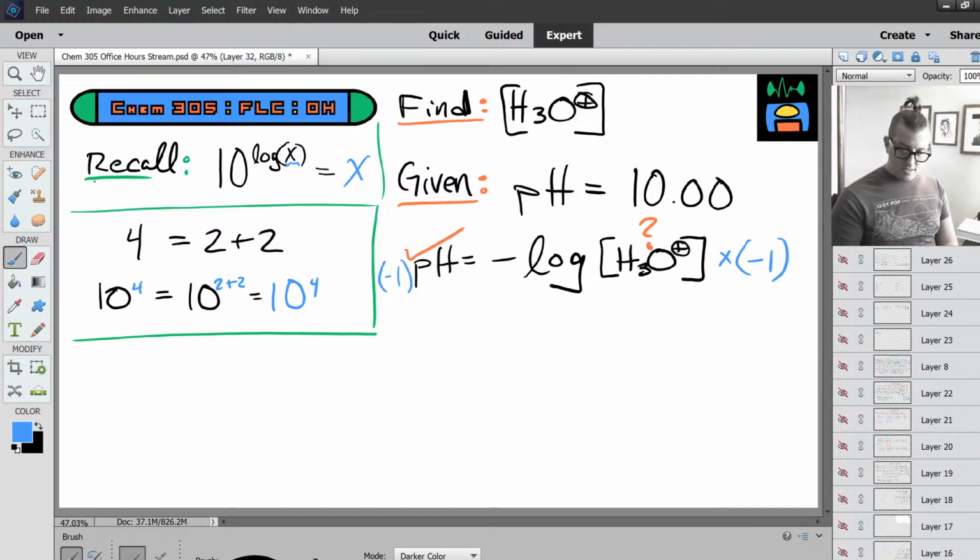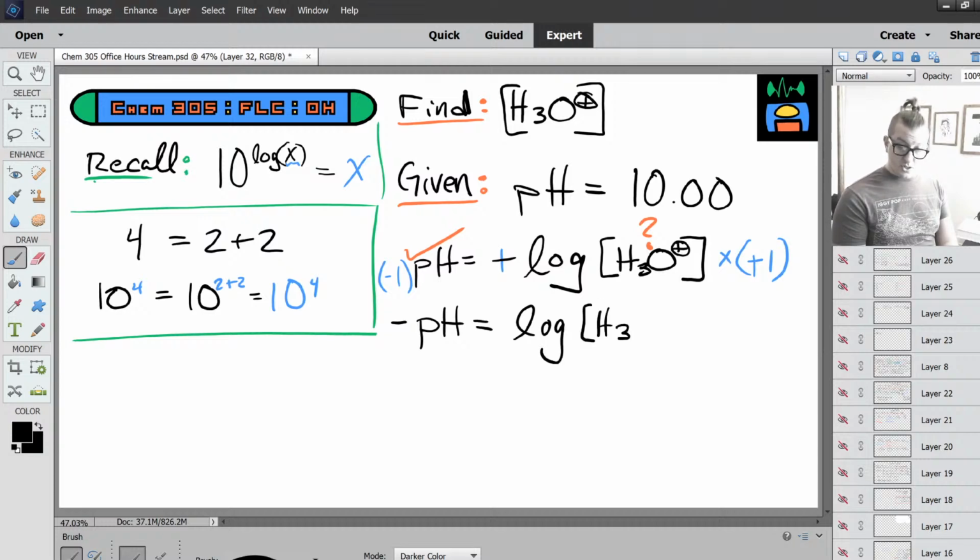That way, the two negatives become a positive, and so we get the expression negative pH is equal to log of the concentration of hydronium.